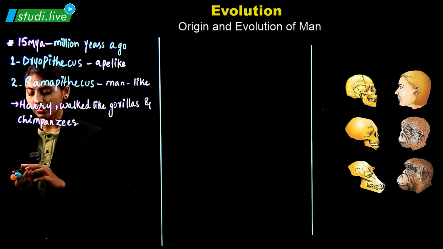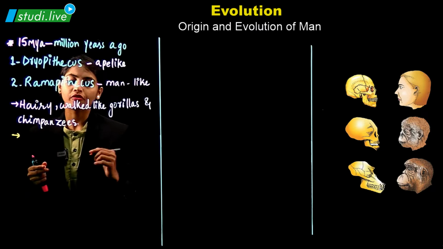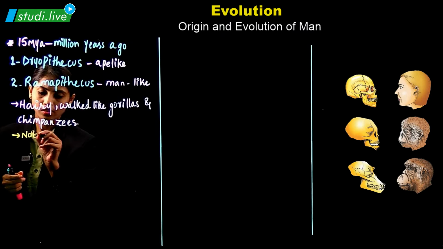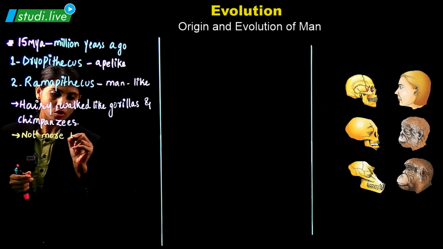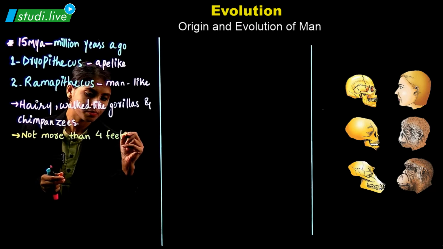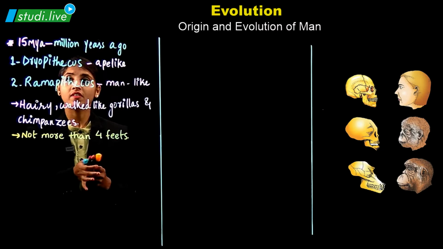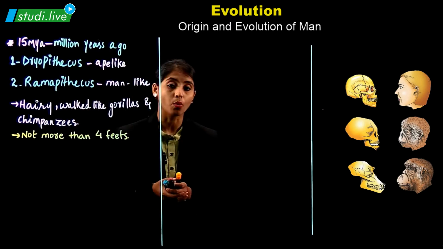Their height was not more than 4 feet. This was the initial species that we have observed million years ago.